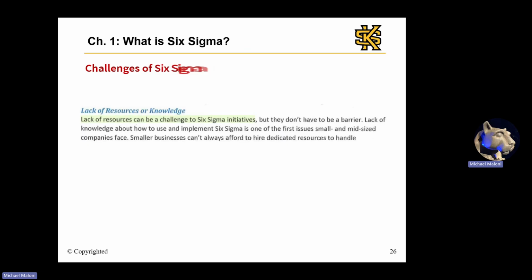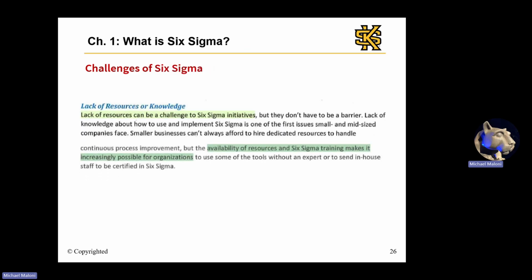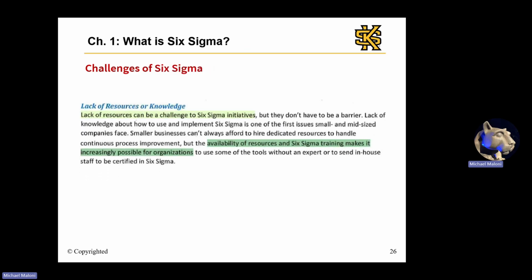The second challenge is a lack of resources, including money, employee availability, meaning their time, and then overall knowledge. The general challenge is that in most organizations, process improvement projects occur on top of employees' full-time jobs.